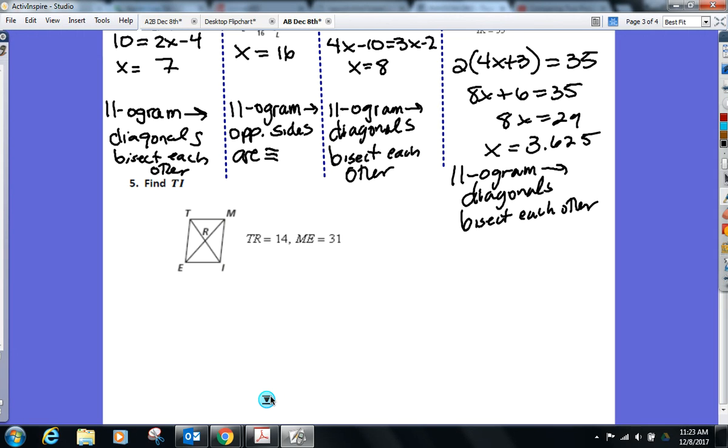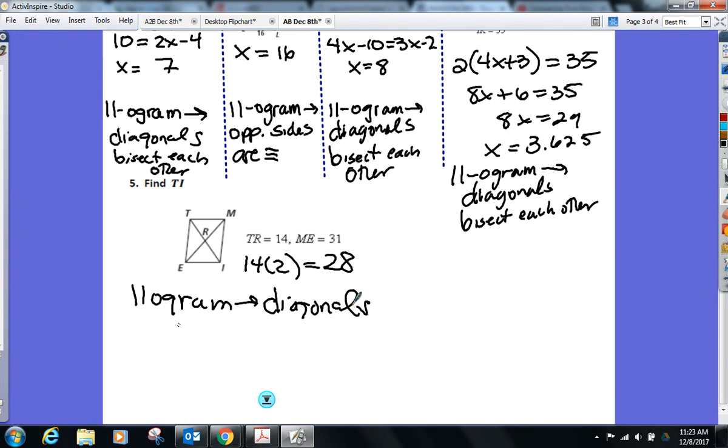Okay, what's TR? 14 times 2, so I really didn't even need ME. I just threw it in there to see if anybody would try to use it. 14 times 2 there, Will. Whew, tough one, right? And what did you use to figure that one out? What property? Okay. Parallelogram implies diagonals bisect each other.